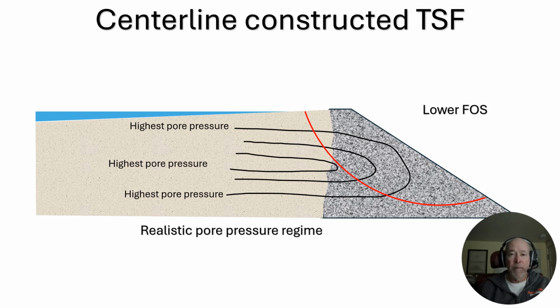Okay, lower, but real. This is the real factor of safety. The one that I showed at the first with a high factor of safety was unrealistic because, of course, the phreatic surface was not way at the base of this thing. So it took a lot of work, a lot of effort to figure out that pore pressure regime, but it's the reality.